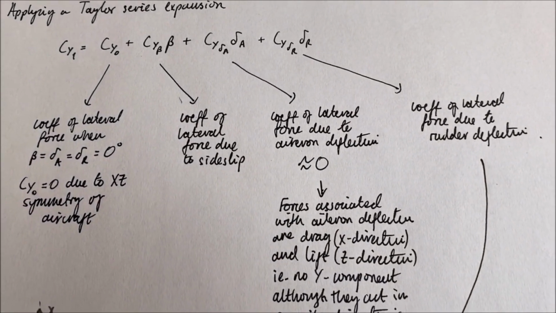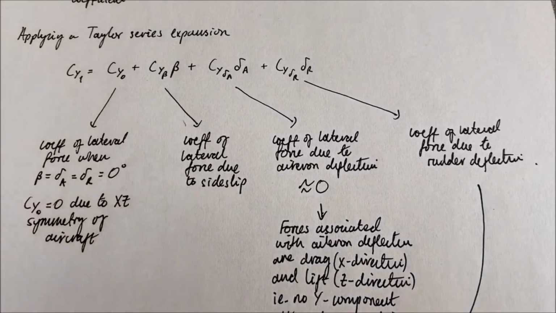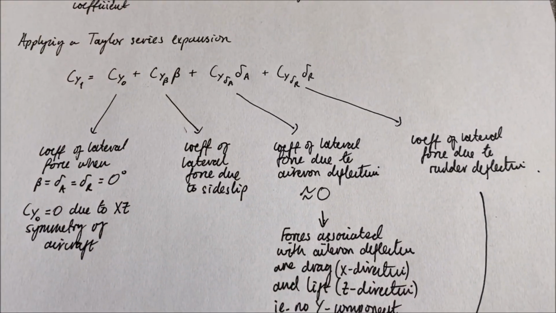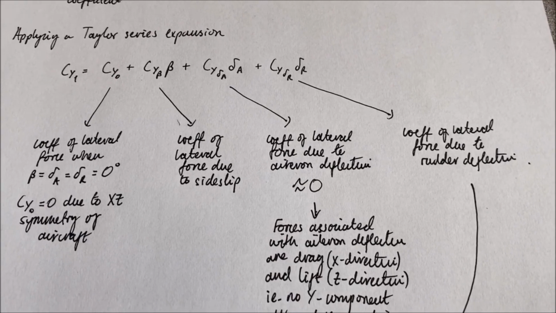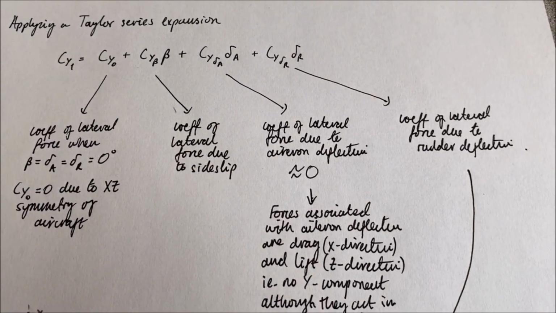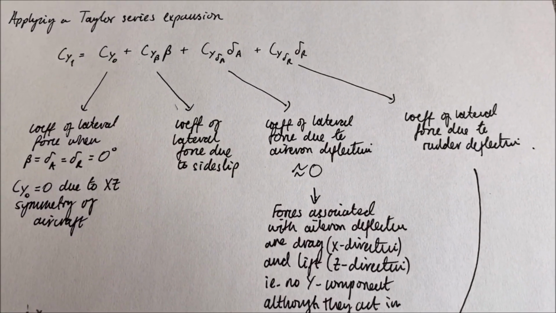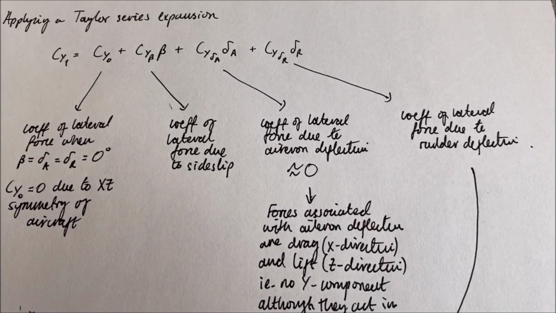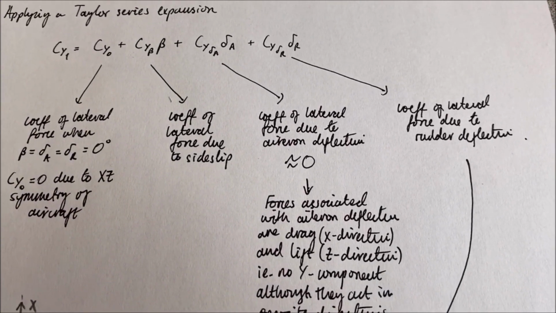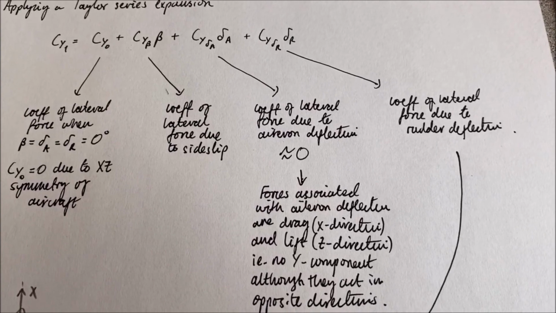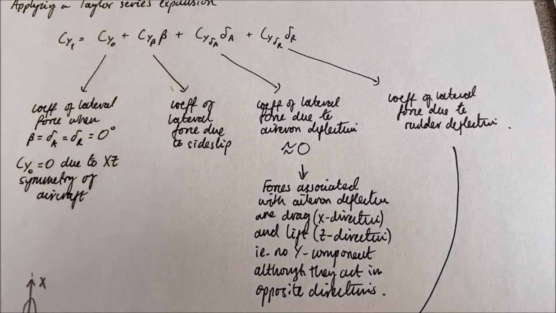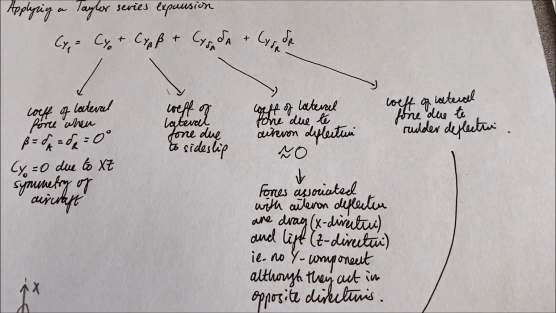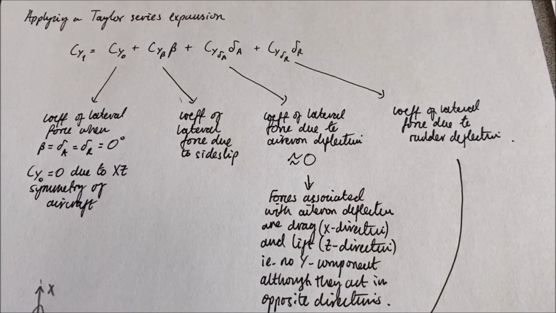We're going to assume that's approximately 0 because when we change the aileron deflection angle, the forces associated with doing that are drag, which is in the x direction, and also a change in lift, which is in the z direction. So in other words, there is no y component of force when we change the angle of the ailerons.